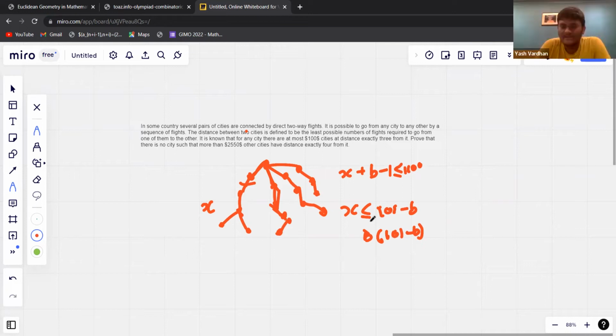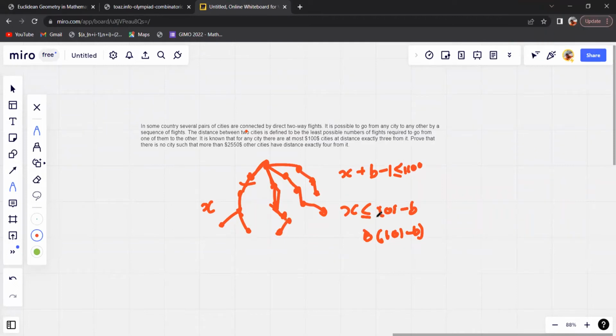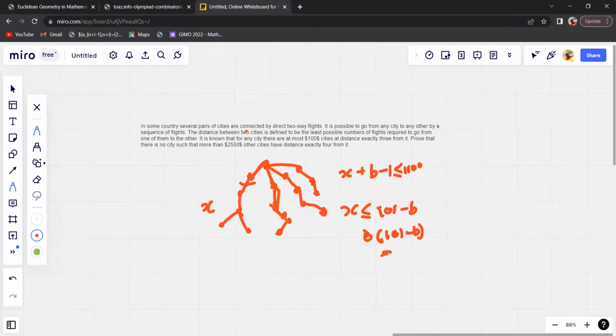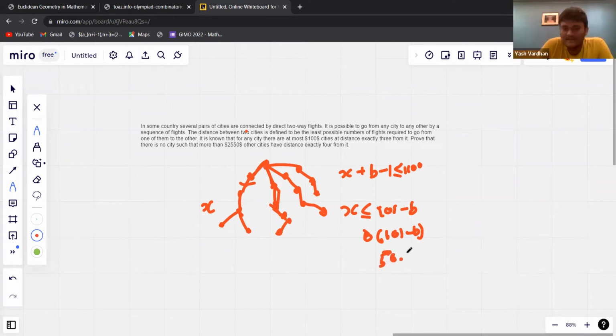Summing over all branches, the thing is less than or equal to b into 101 minus b. This achieves its maximum in between, at 50 for the integer case, so 50 into 51, which is 2550.